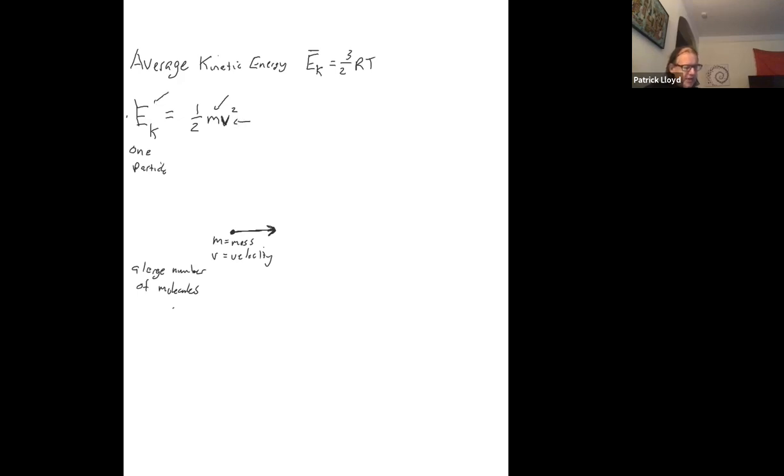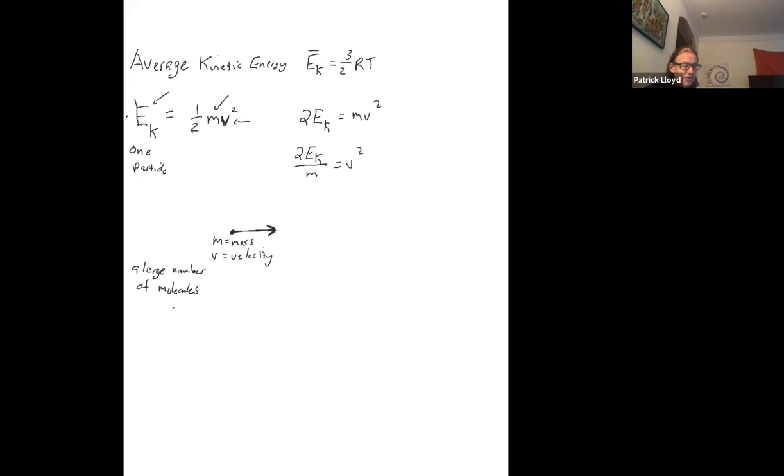Okay. So if you think about it, suppose we said that we want to calculate the velocity. Suppose we know the kinetic energy, but we want to calculate the velocity. What would you do? You would multiply both sides by 2, and that would give you mv squared. Then you would divide both sides by mass, m. So you'd have 2Ek over m equals v squared.